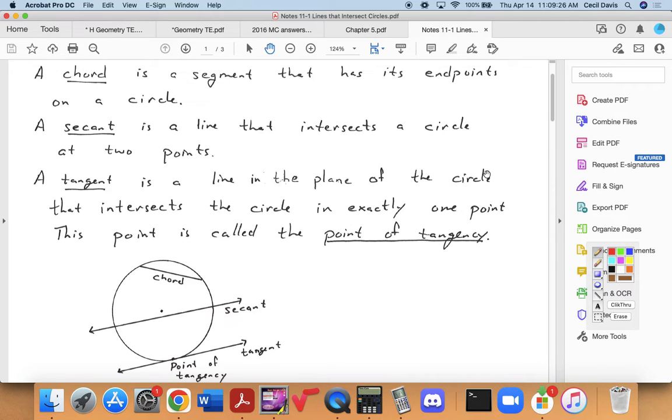And then a tangent, and the tangent is actually probably one of the most important ones for this, is a line in the plane of the circle. Now you're like, what's that about the plane of the circle? I'll explain that in just a second. That intersects the circle in exactly 1 point. Okay, so what's this part about it being in the plane of the circle?